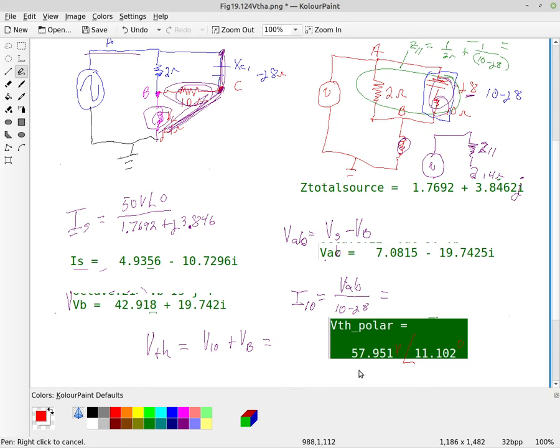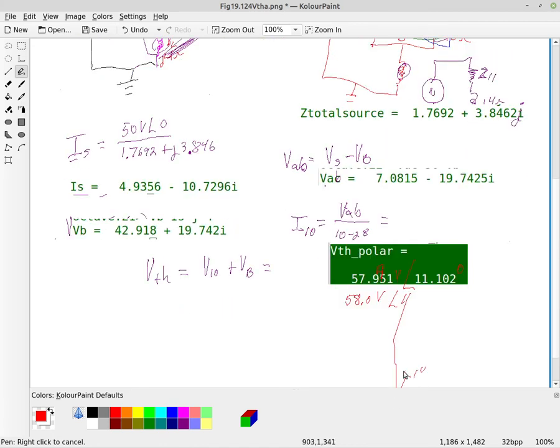So if we were going to put this in Blackboard, this 9 would round up, so we would have 58.0 volts at an angle of 11.1 degrees, and that would be our answer that we would type into Blackboard for V Thevenin.